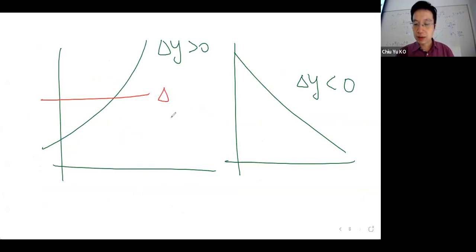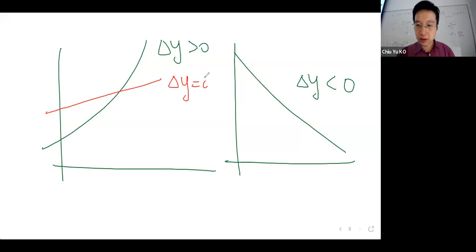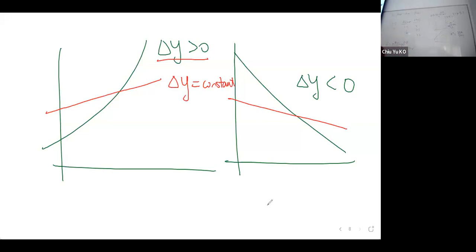If like this, delta y is a constant, right? Same as here. And for the green one, it's exponential, right? So that is the idea. And data will often exhibit this kind of trend, okay?